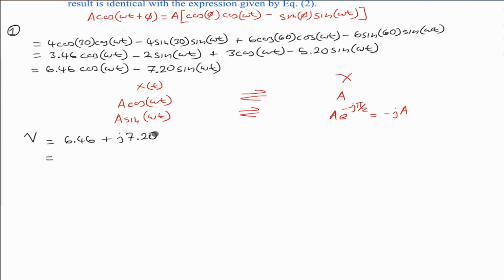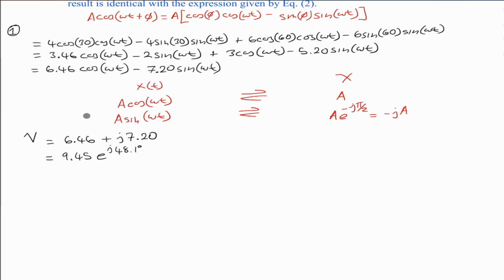That gives us a magnitude of 9.45 times the complex exponential e to the j phi, where phi is our angle. That's the inverse tangent of y divided by x, so we end up with an angle of 48.1 degrees.